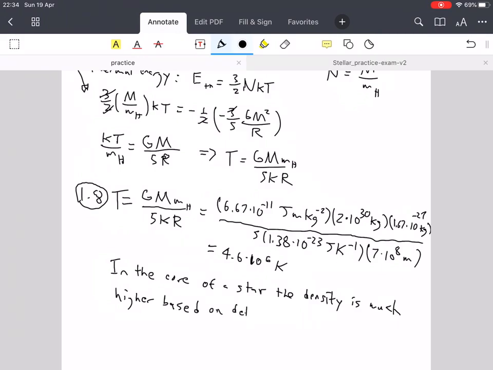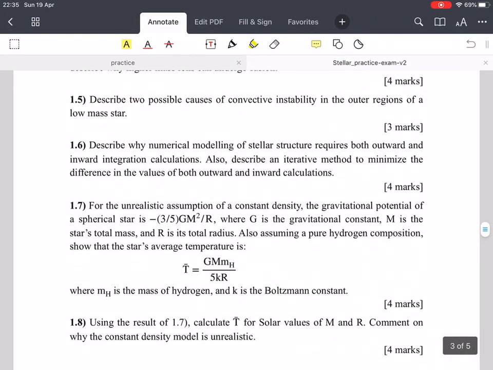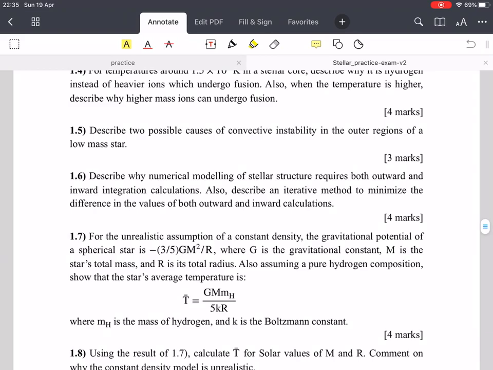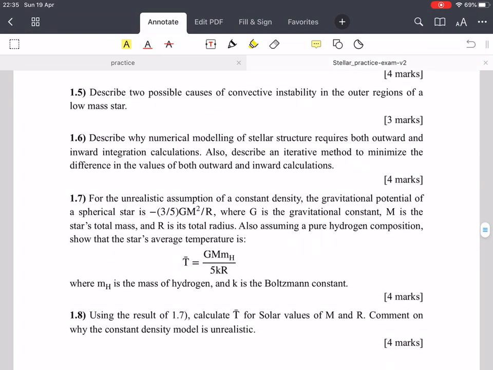So you could write that. Okay. And good. Then the last question I wanted to look at in detail in section A was 1.6.